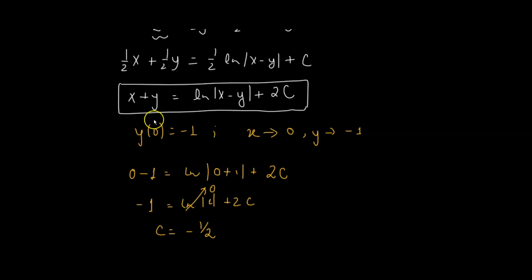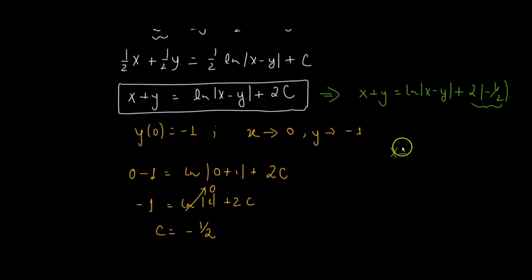So let's substitute the value of c with -1/2. Our final solution then will be x + y = ln(x - y) + 2 times (-1/2), so this will become -1.